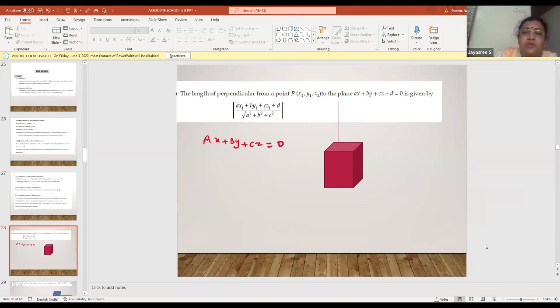Because of that, the distance formula they have given is ax1 plus by1 plus cz1 minus d by the root of a square plus b square plus c square. I have some problem with the pen today. This is the way they have given it.